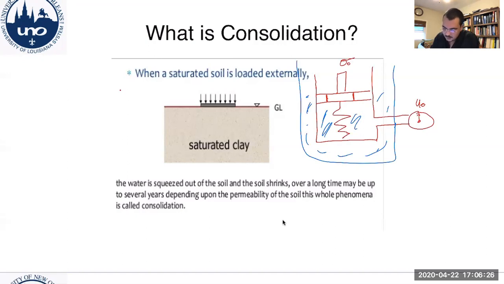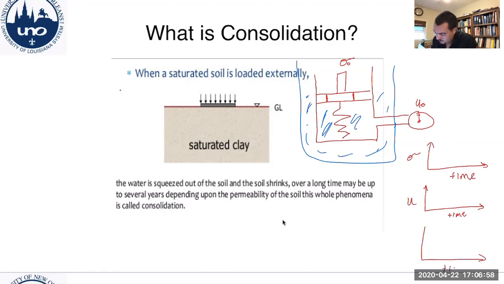And the reason why this analogy is useful is because it explains the process of consolidation. So basically, initially we have a sigma naught, so initial stress. And if we take a look at three things: total stress with time, pore water pressures with time, and time and effective stress.